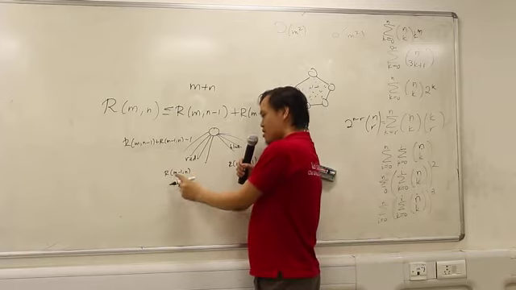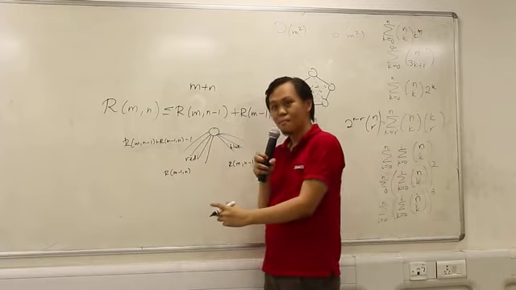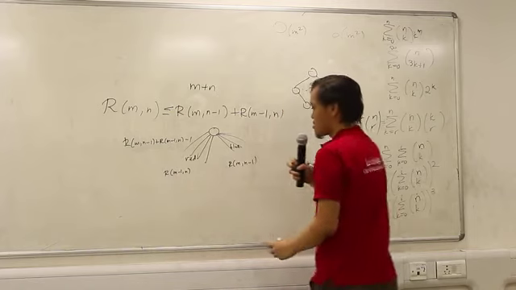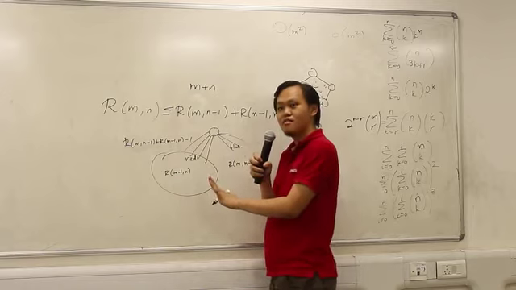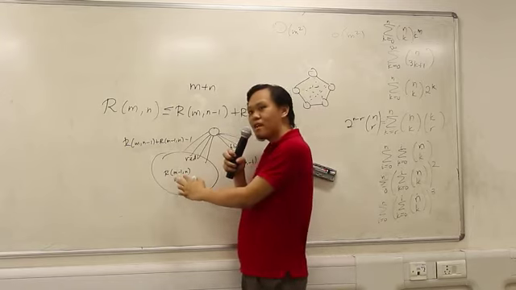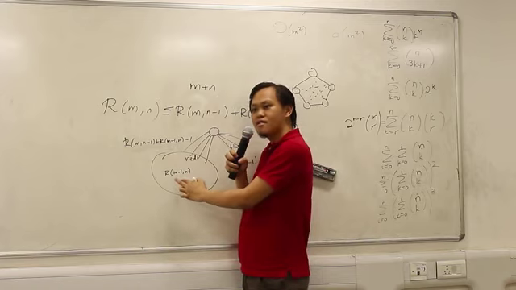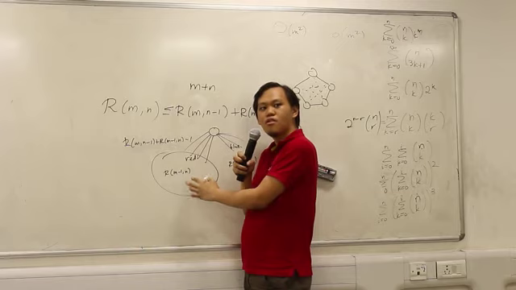Let's assume that there are at least this many red edges. Okay? Now, by induction, there are this many nodes here. So there is either a clique of m minus 1 size of color red or a clique of n size of color blue.